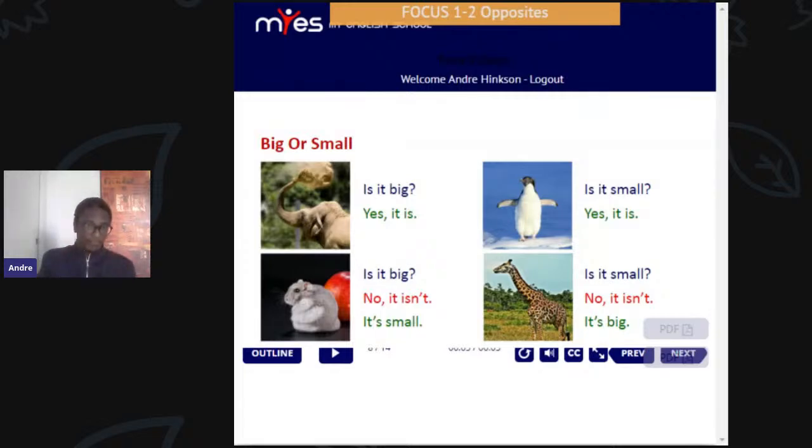For the plural, we have they, which is a subject, then the plural of the verb to be, are, then the adjective. They are. So remember, it depends on the person you're using. For the questions, you start with the verb to be, then the subject. For the answer, the subject, then the verb to be.